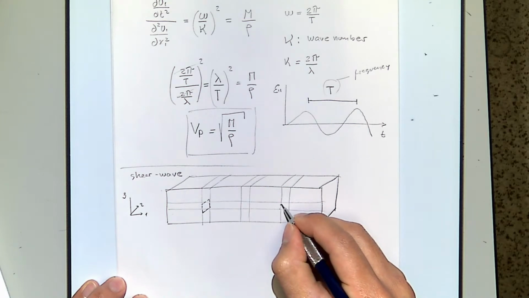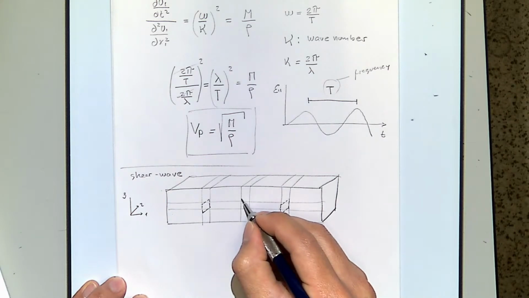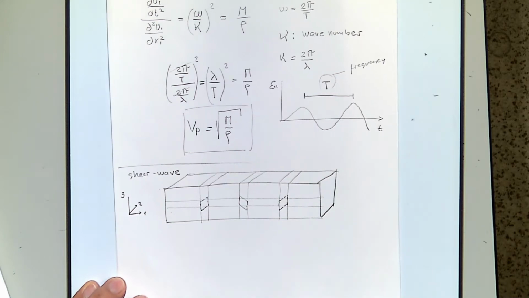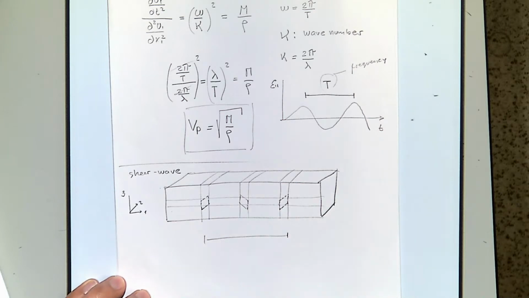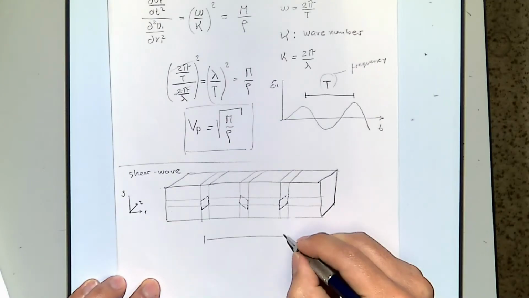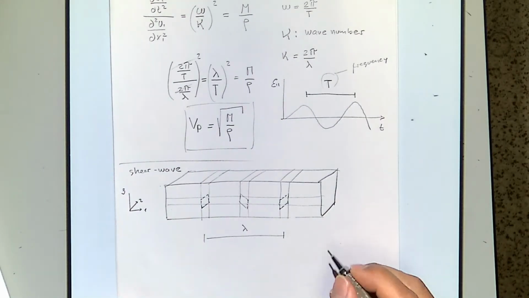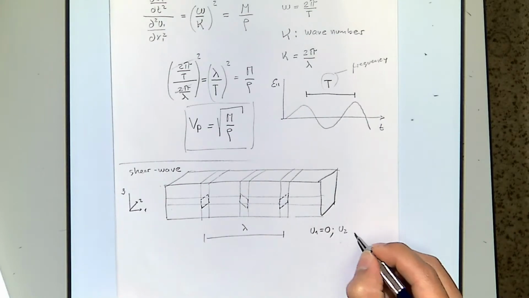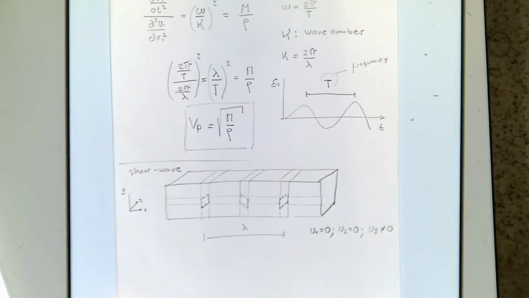After one wavelength I find the same, and at half a wavelength I find the opposite. Again, this one has a given wavelength, and in this case now displacement in direction 1 is equal to 0, displacement in direction 2 is equal to 0, and displacement in direction 3 is different than 0.